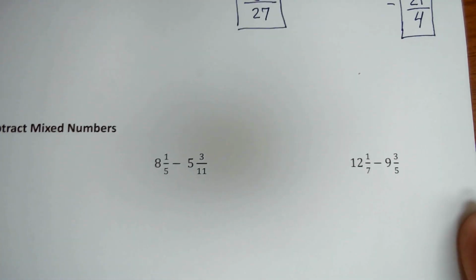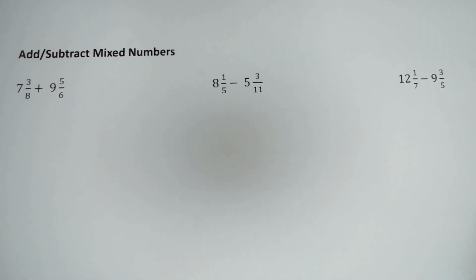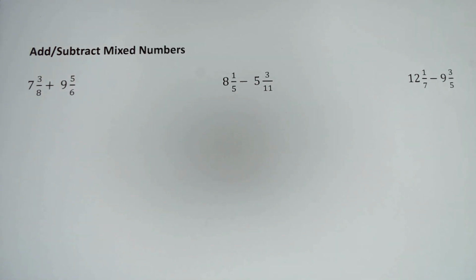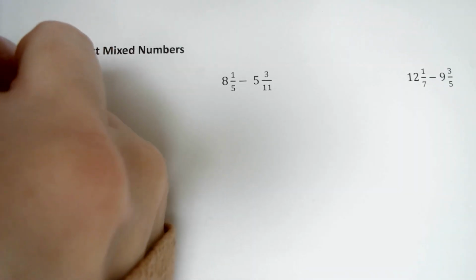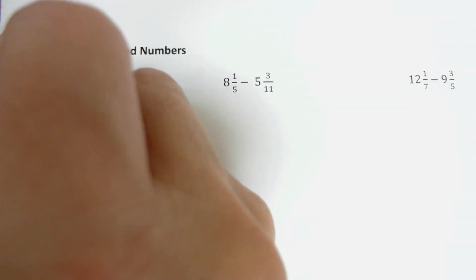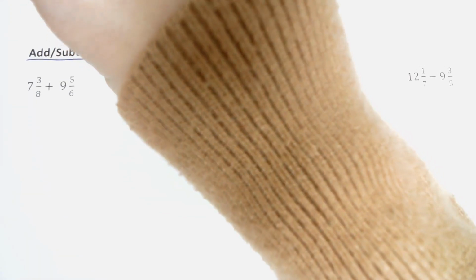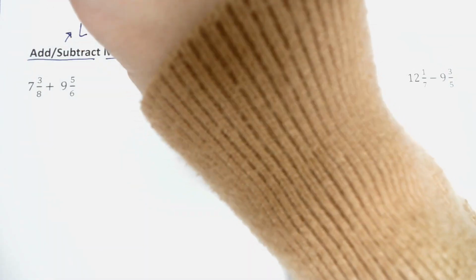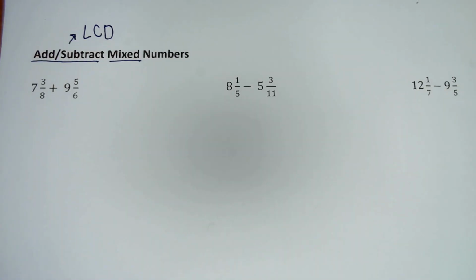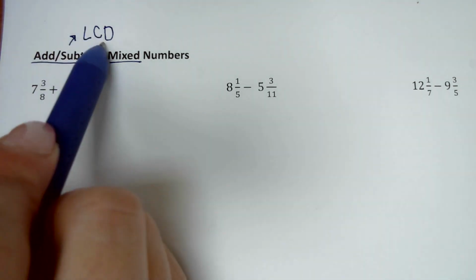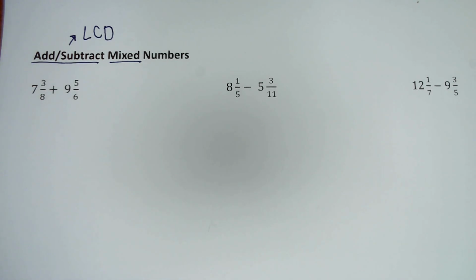All right. Now, this next section is where we combine the two things we were just doing. And we are going to add or subtract, but this time we're going to use mixed numbers. Now remember, if we are adding and subtracting, we need an LCD. Multiplying and dividing, it doesn't matter, but add, subtract, we definitely need common denominators.